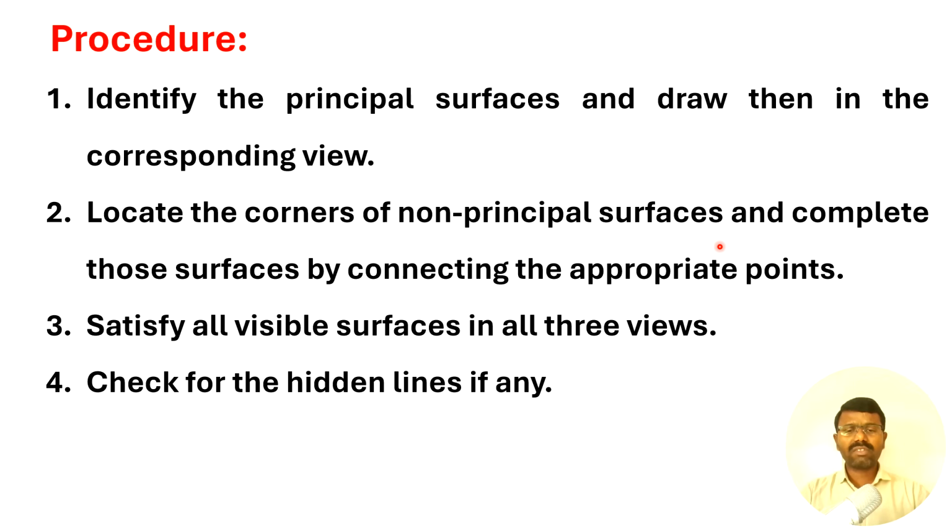These surfaces' boundary points are the corner points we will identify, and then we will connect the points, and we will complete the view. And then show all visible surfaces in all three views. If it is not visible, then we will indicate that as a hidden line. So then we will be completing.